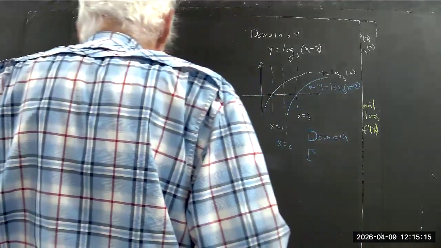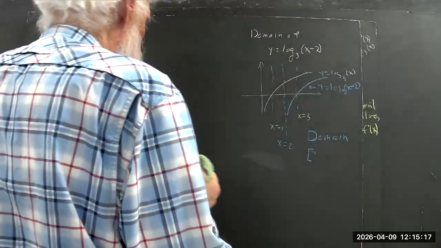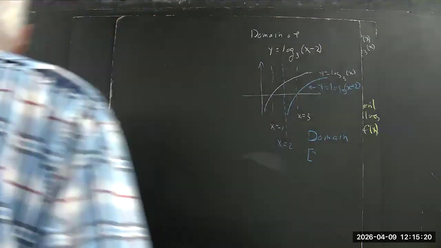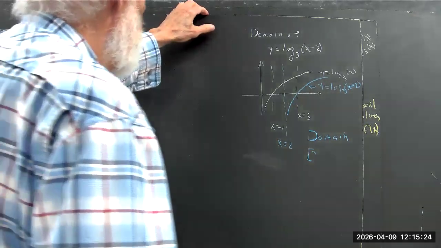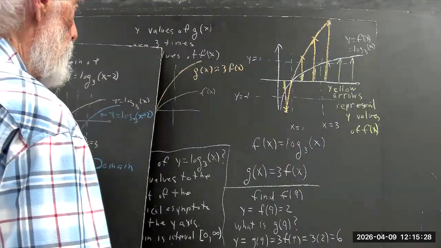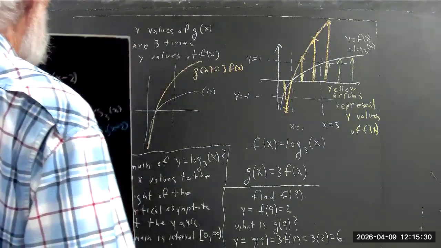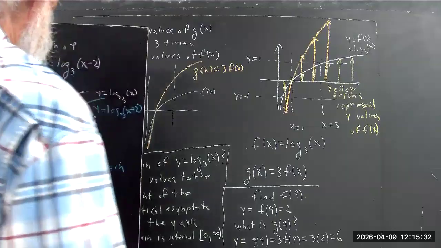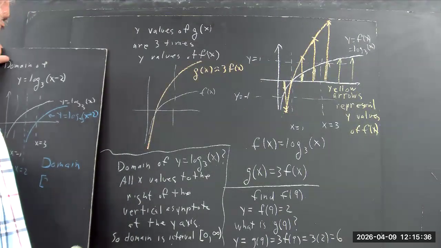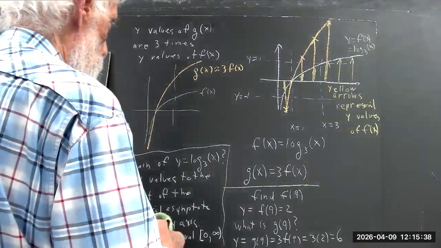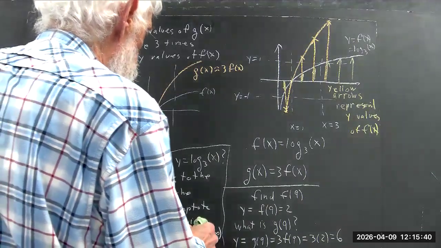Uh-oh. You know, when I wrote the domain, I was really careless, I think. When I wrote the domain of the log base 3 function, I wrote it with a closed bracket on the 0.